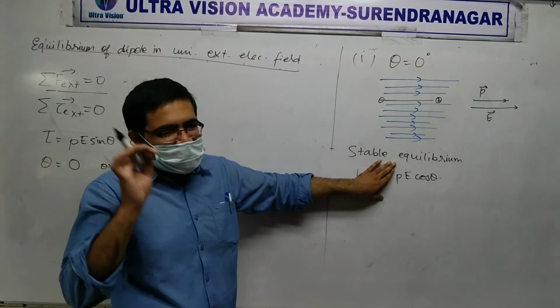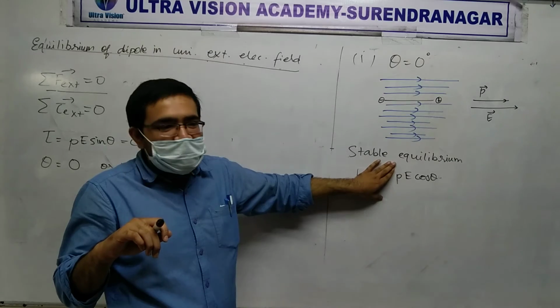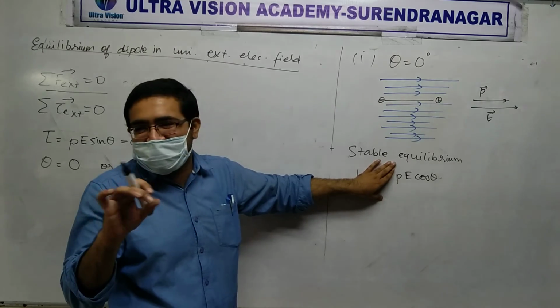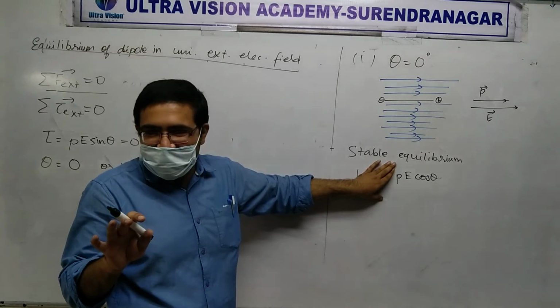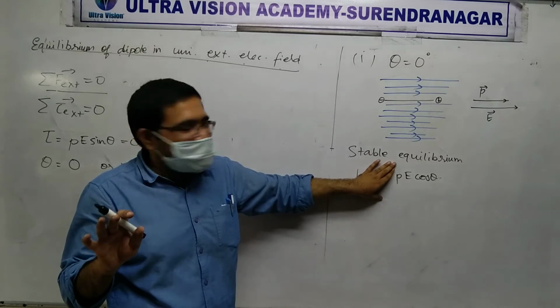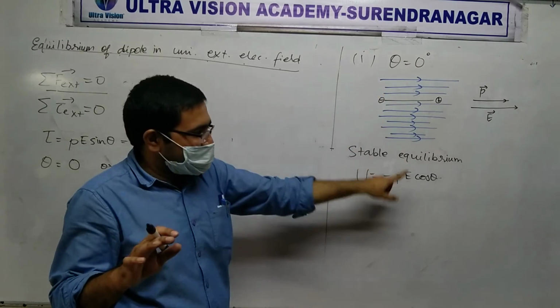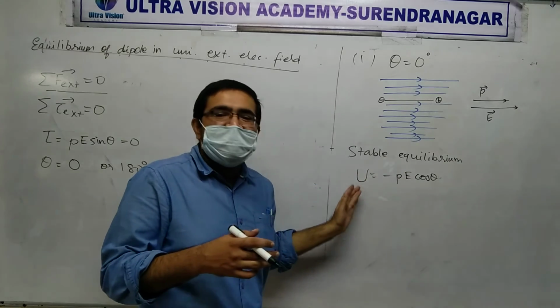What is the largest value of cos theta? Cos theta's largest value is 1, and you get that if theta is 0. That means cos theta will be maximum and U will be minimum.